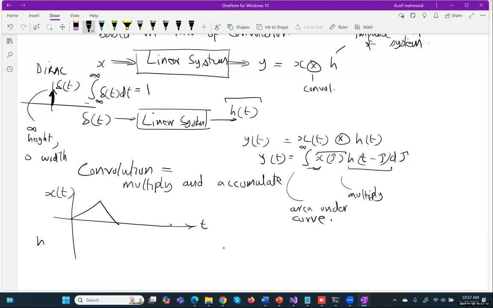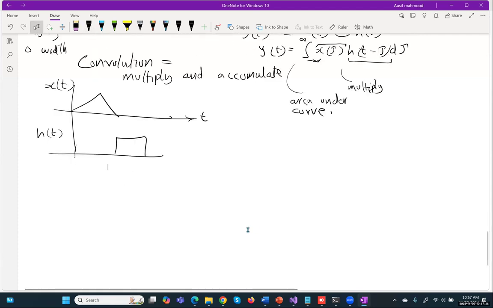Okay, let's say h of t looks something like this. Now let's take a look. Let's say this is 2, 4, this is 1, 3, and let's say the height is 1, height is 1.